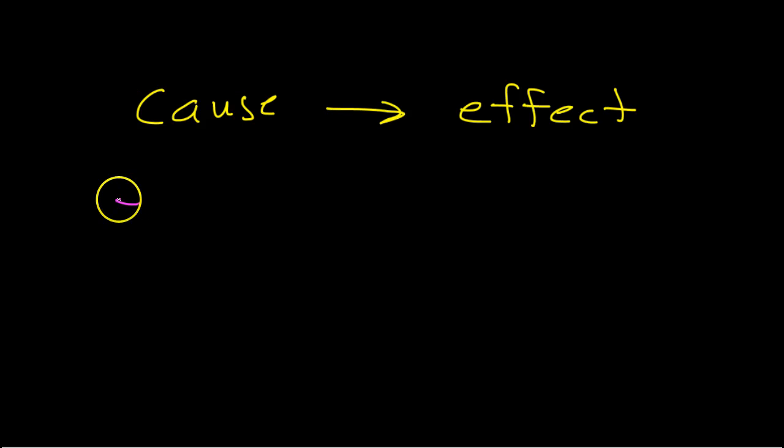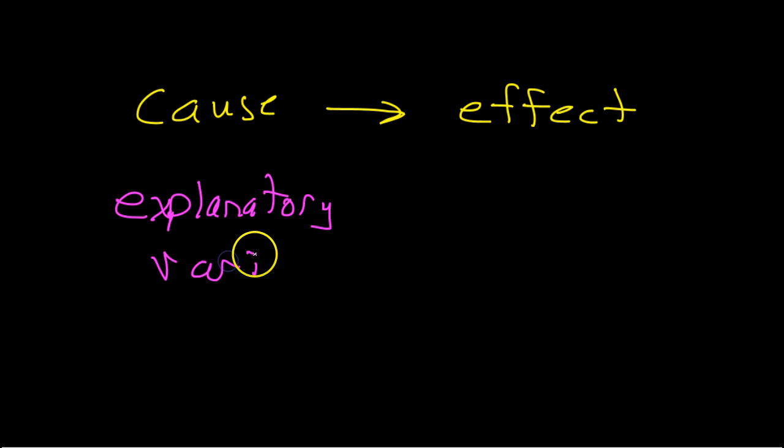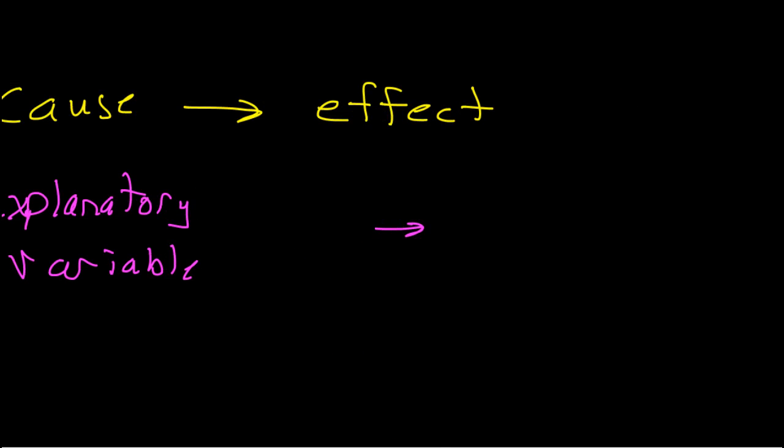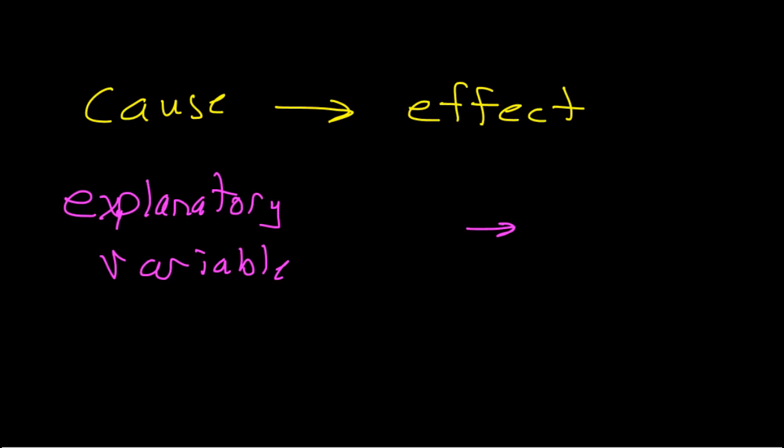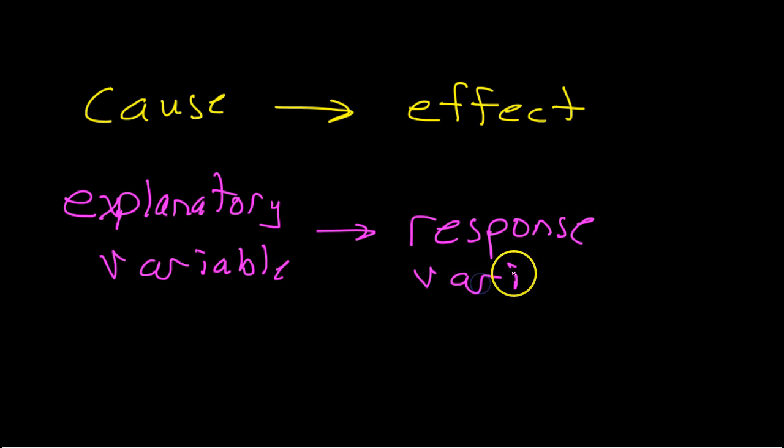So you have your explanatory variable. And the result, if we find any, will be the response variable. So we have explanatory variable and the response variable. All right, is analogous to cause and effect.